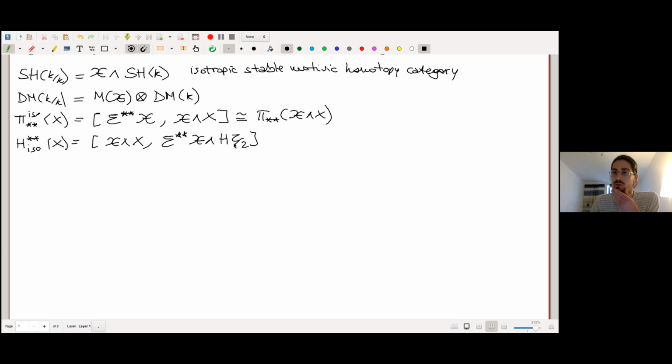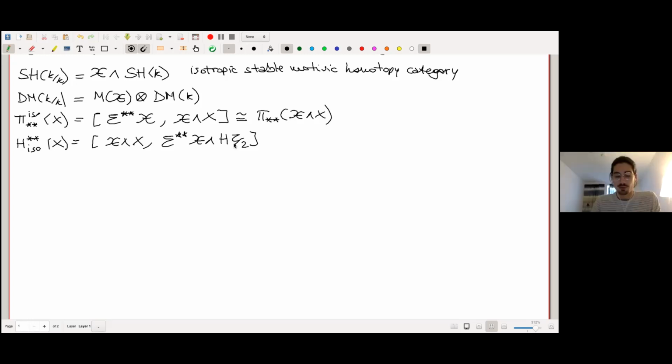I don't know if it's a subcategory, but it looks like isotropic DM is a full subcategory, and there is a couple of adjoint functors, by localization theory, general machinery.